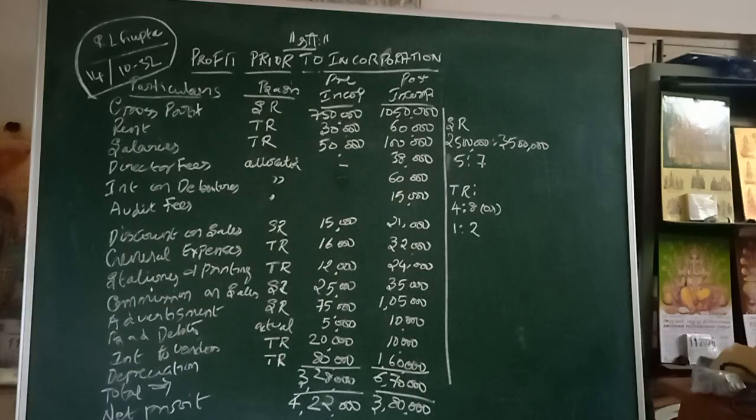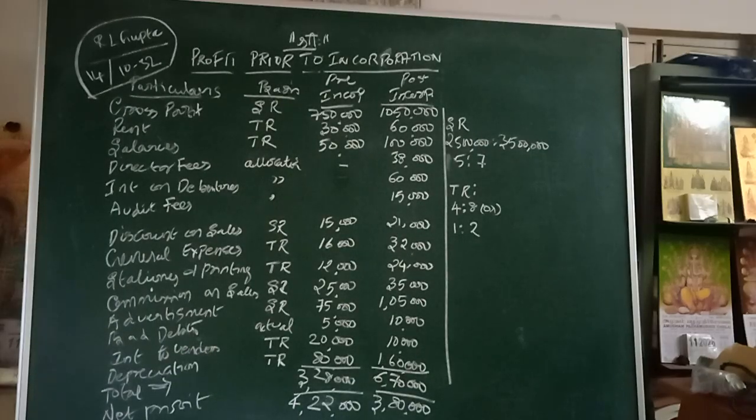Bad debt, another important point, please put a mark on that. In this question, bad debt is given on a monthly basis, per month how much amount is incurred. Since it is given on a monthly basis with a specification, we are taking it as actual. Otherwise, it is related to sales.